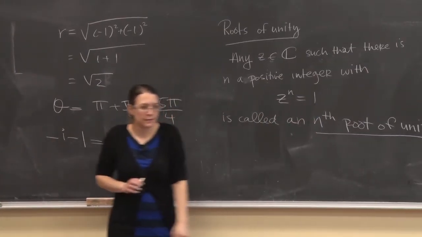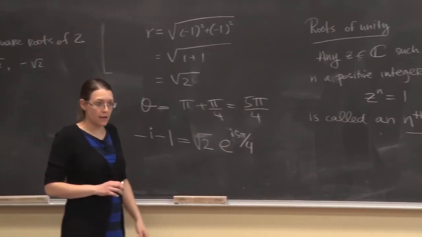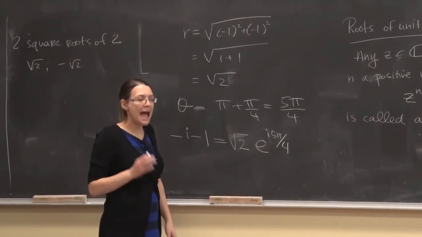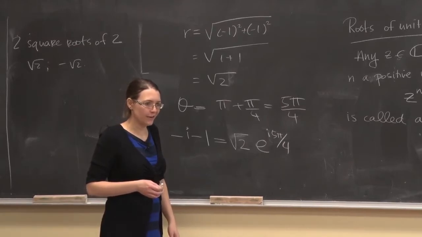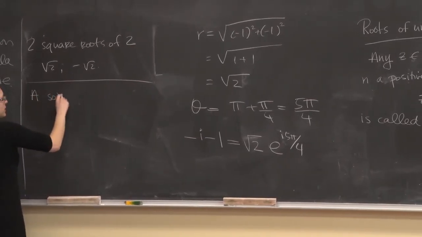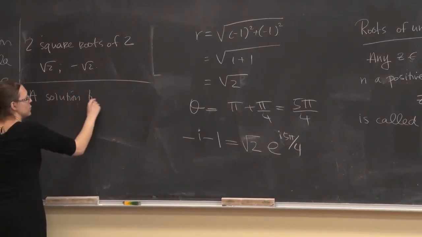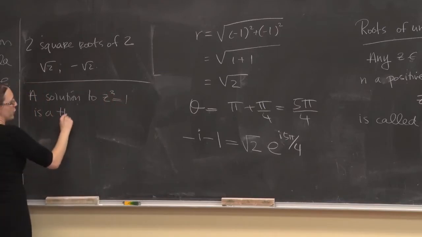Z is the nth root, the root of unity. The nth is like the how-manyth root of unity. So a solution to z cubed is 1 is a third root of unity.